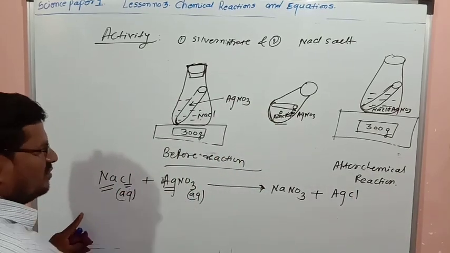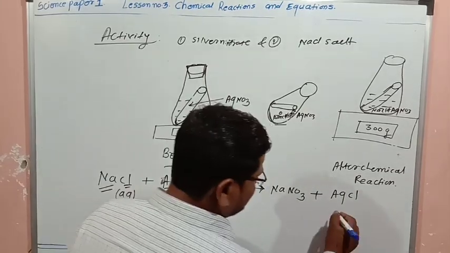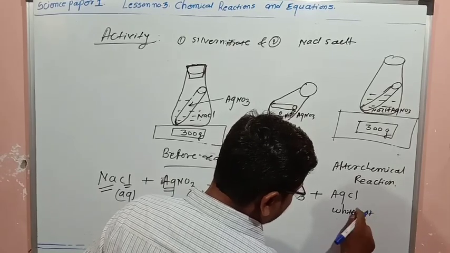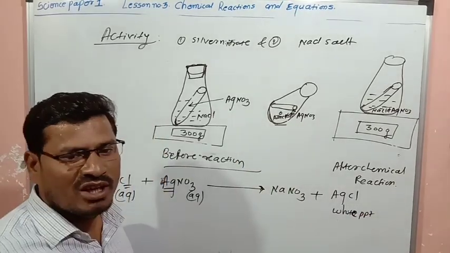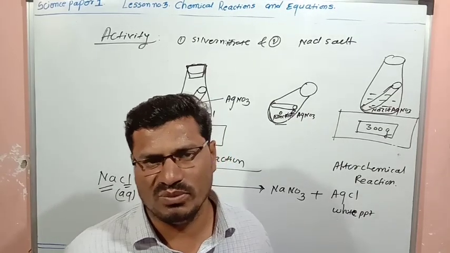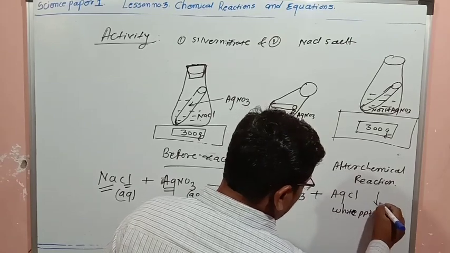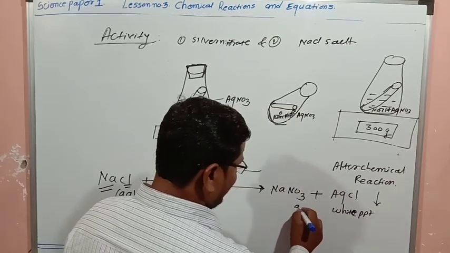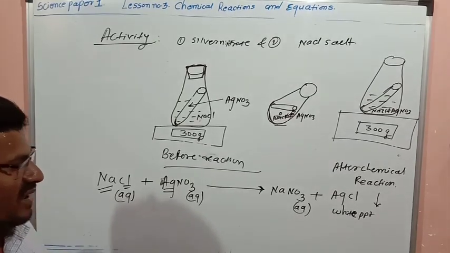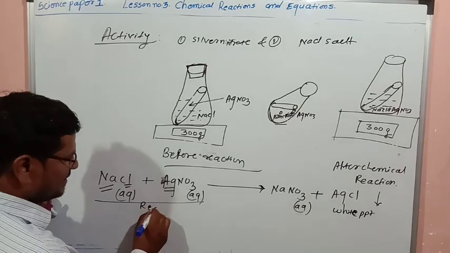Ag and Cl form silver chloride, and here a white precipitate will be produced. What type of precipitate? A white precipitate, that is its color. You can write a downward arrow for it. This one is aqueous. So what type of chemical reaction will take place? NaCl and AgNO3 are the reactants.